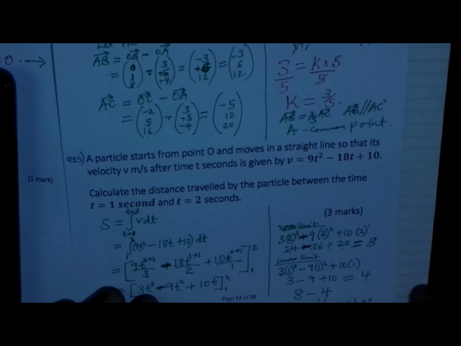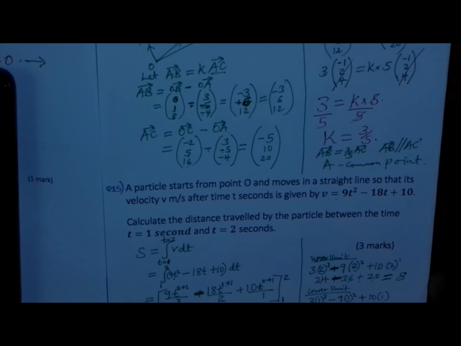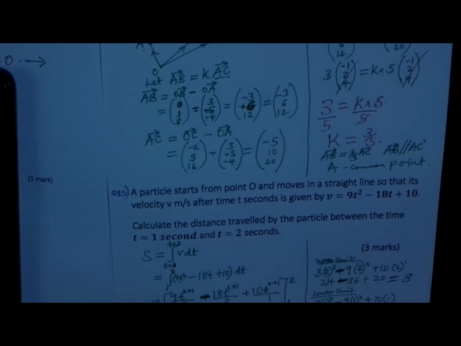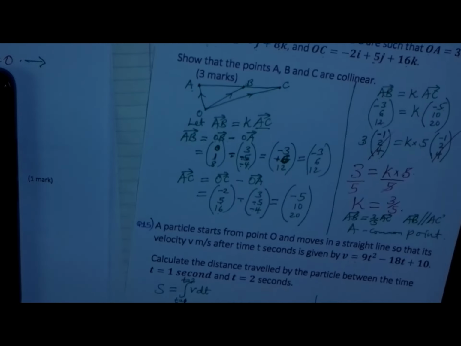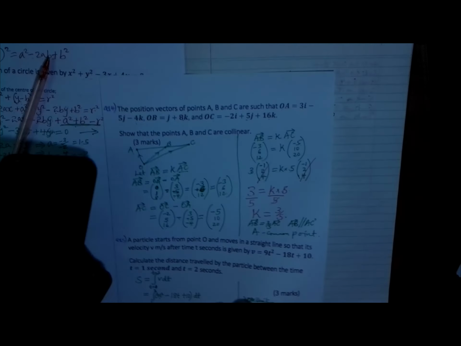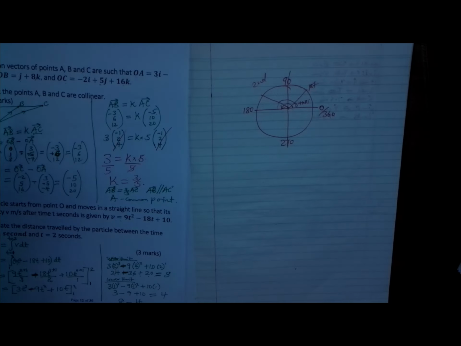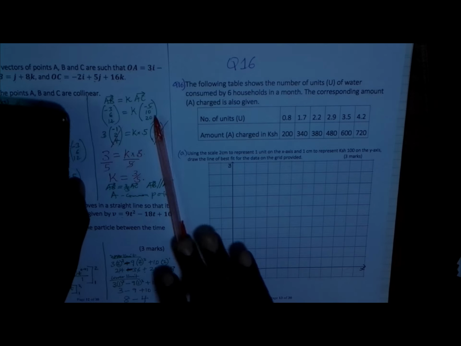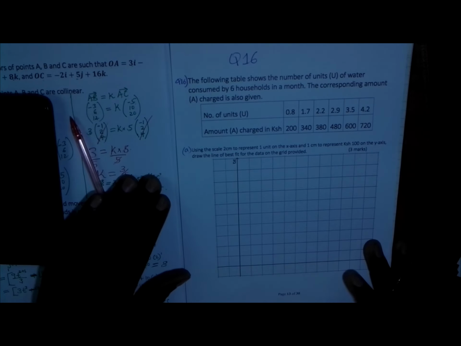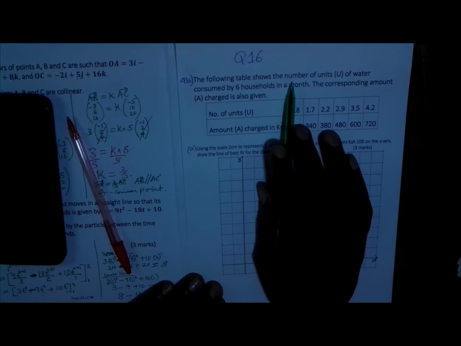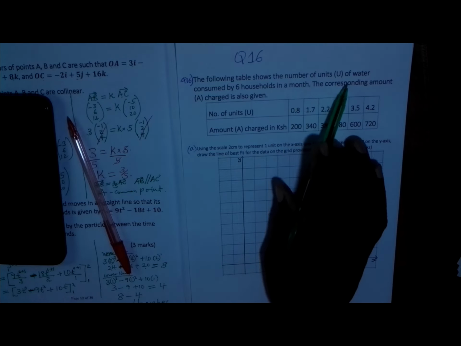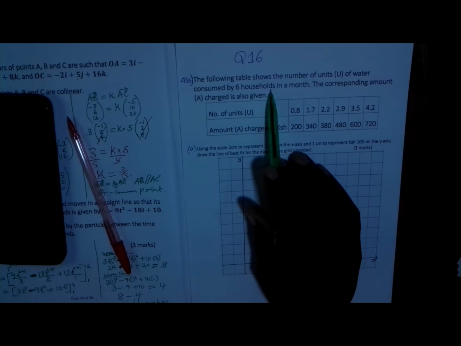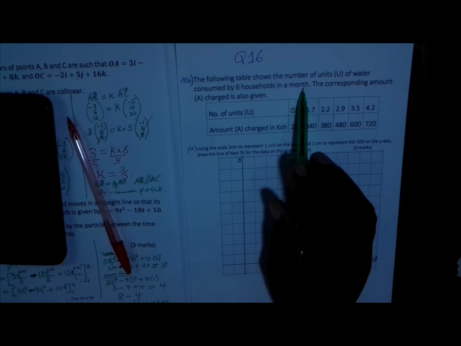Finally, we end up with the last question in section A. The following table shows the number of units U of water consumed by 6 households in a month.